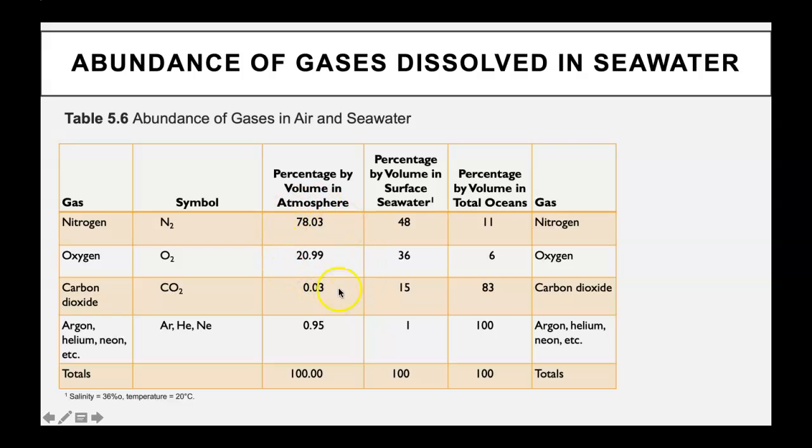Those are the amounts in the atmosphere. Here it is in seawater. Those are churned into seawater from waves, which are going to be pulling in atmospheric gases into the ocean basins, and that's what's pulling them in. And that's why notice the ratio kind of holds.